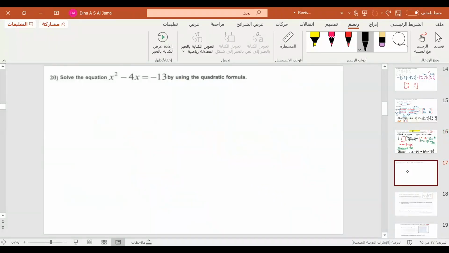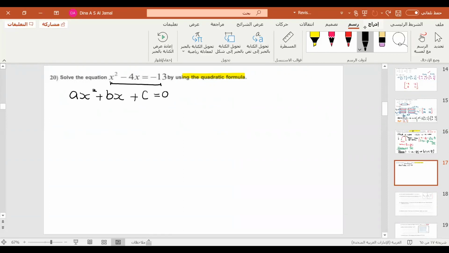Now, he would like you to solve this question using the quadratic formula, and this will help you remind yourself of the quadratic formula itself. So first of all, I should change this to ax squared plus bx plus c equal to 0.